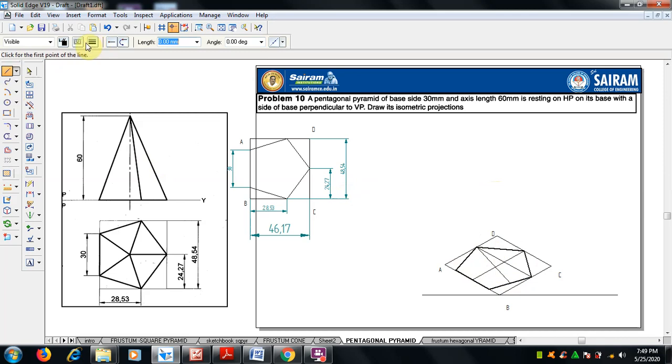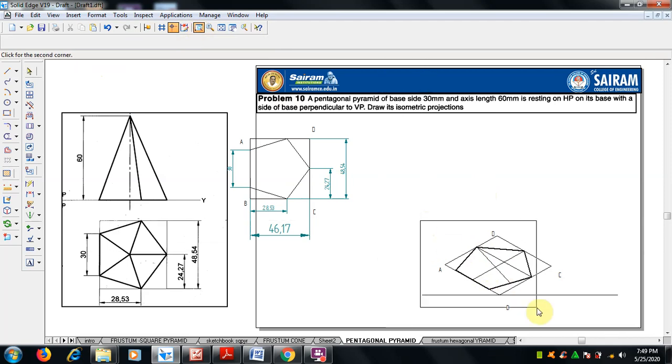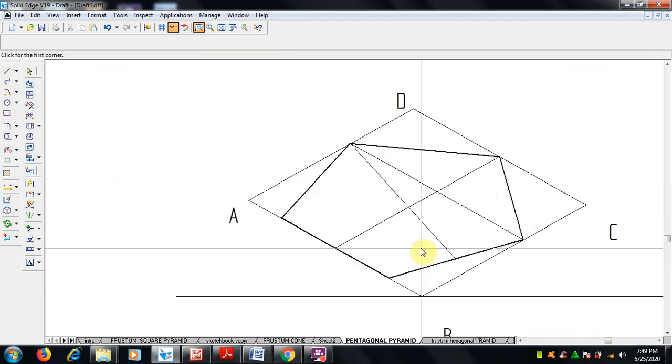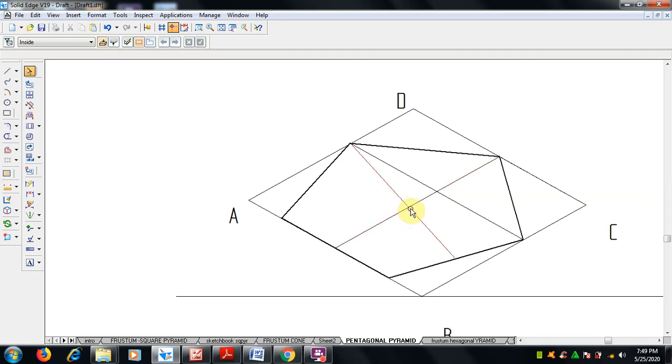So from the center point, draw, it's a pyramid. So I am going to select axis 0.13. So from this intersection, so here I'll zoom it, and this is the point I need.